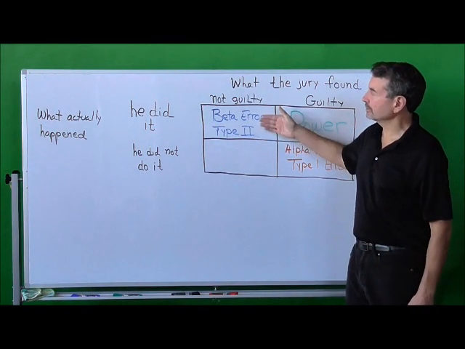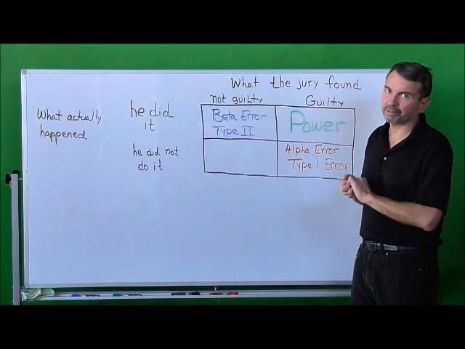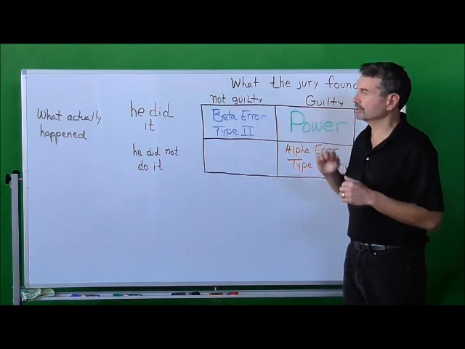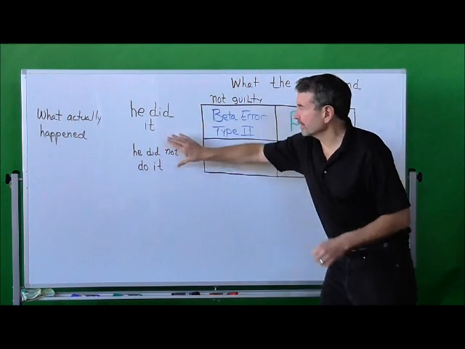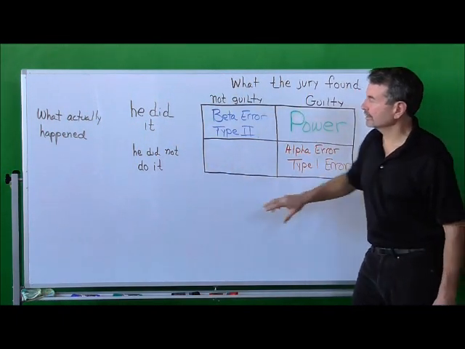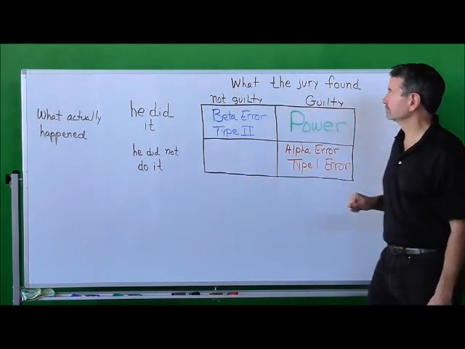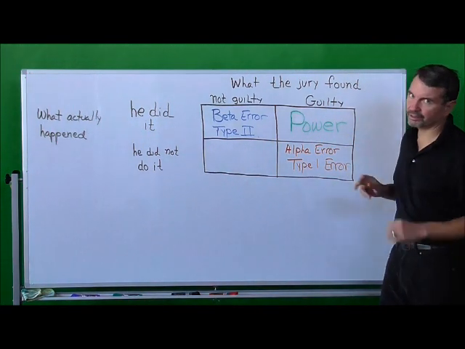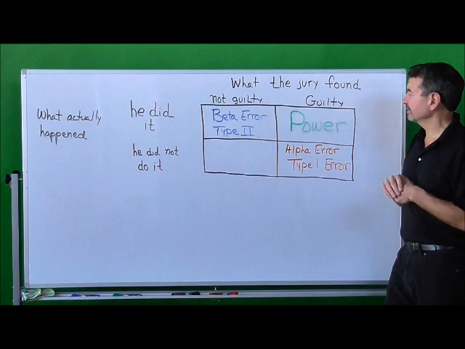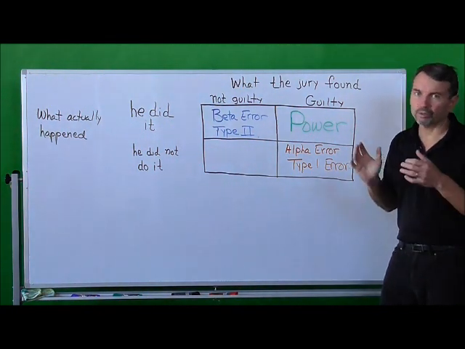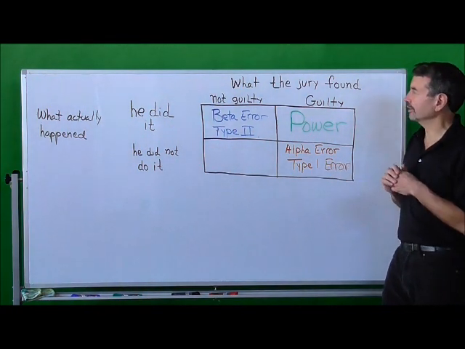And it's also codenamed in many statistical books, in many analyses, as type 2 error. Let's go to the next error box, down to he did not do it, but was found guilty. In that particular case, we're going to call that an alpha error or a type 1 error.